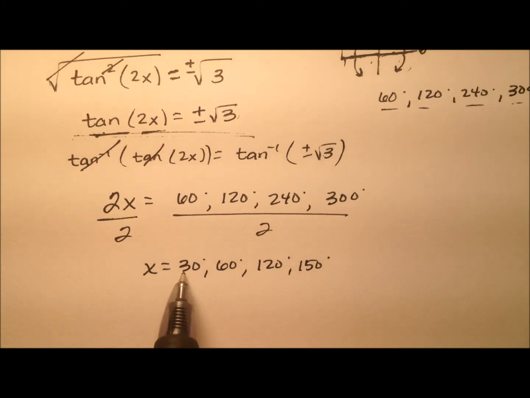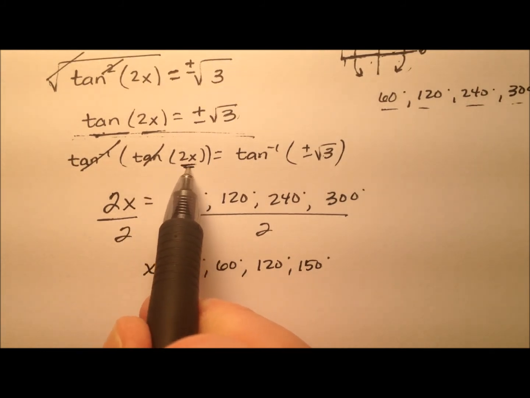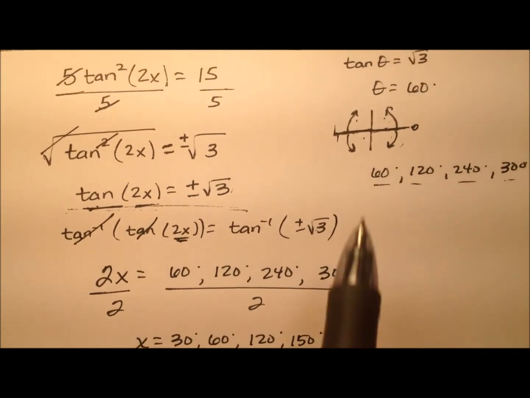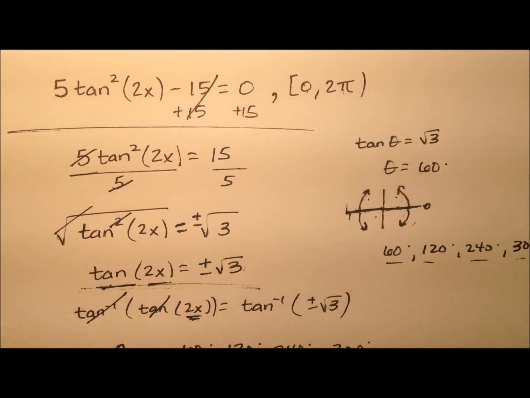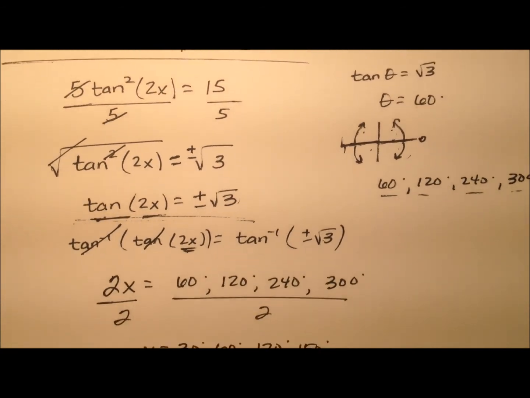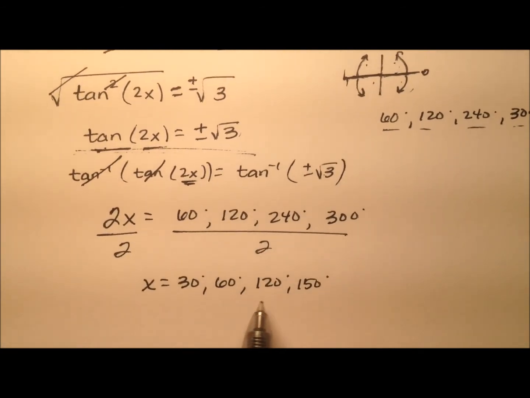I notice all of these, though, are between 0 and 180. And when I have these double angle identities, I know that to catch all of my solutions in 0 to 2 pi, I actually need to go around the circle twice, because going around it once just gave me these between 0 and pi, but I need the answers between pi and 2 pi now.